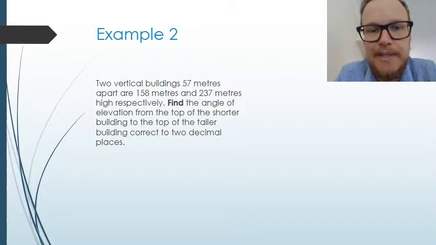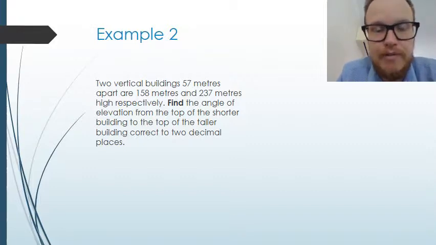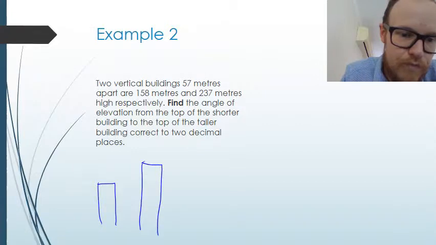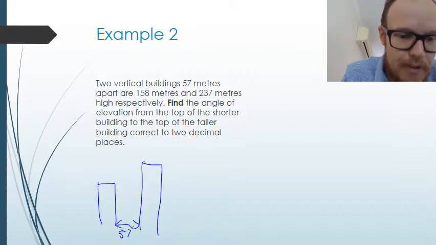So if we're having a look and drawing a diagram now, we've got our shorter building, our taller building, and we can draw the distance between them, which is 57 metres.